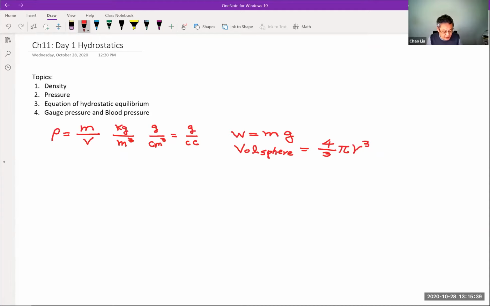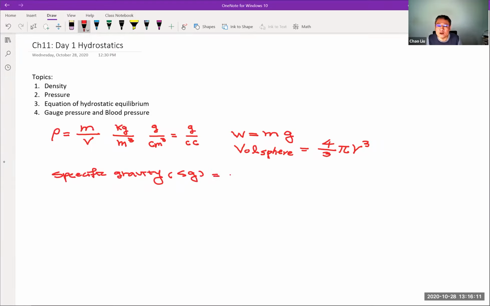So that's about the density. Now, another very similar property is called the specific gravity. Okay, I'm going to use SG to represent that. So what is specific gravity?